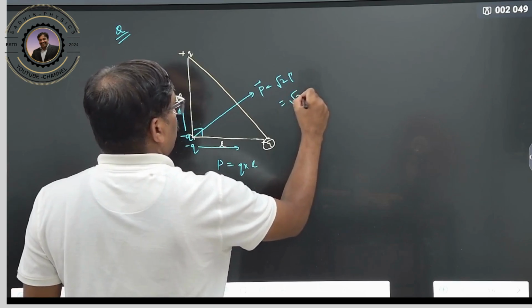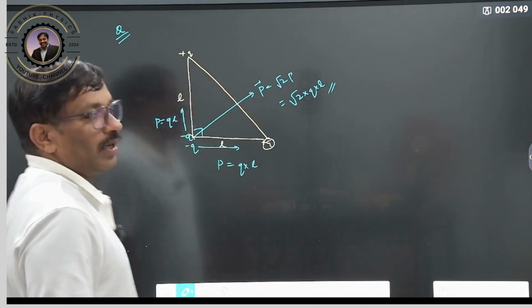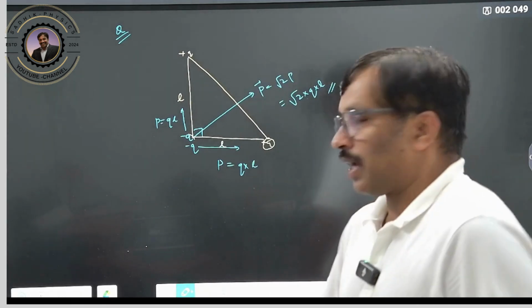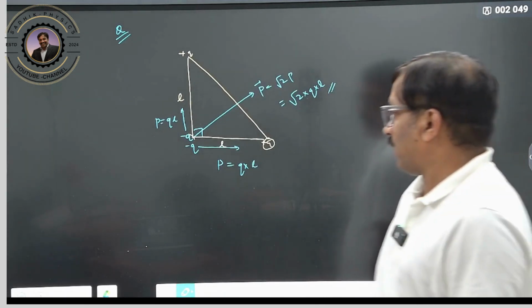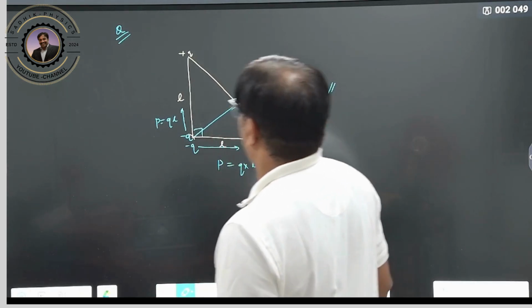Therefore root 2 into q into L will be the net dipole moment of this combination. Clear? Like this you can calculate the dipole moment. Now let us see one more concept.